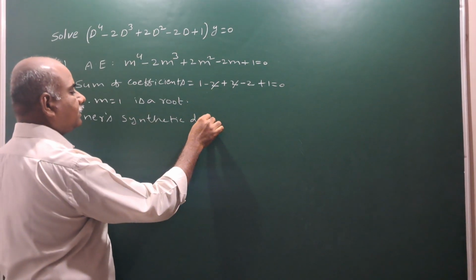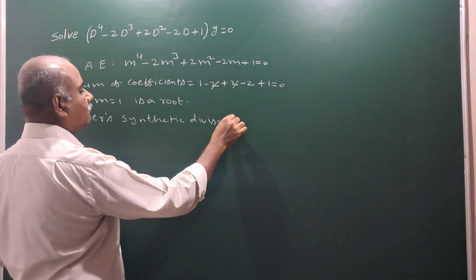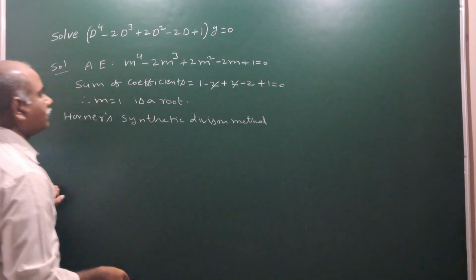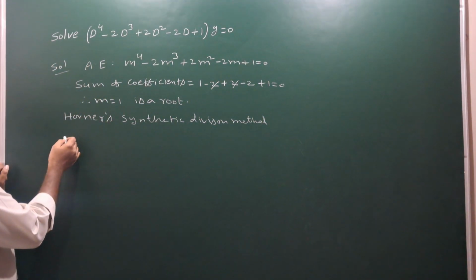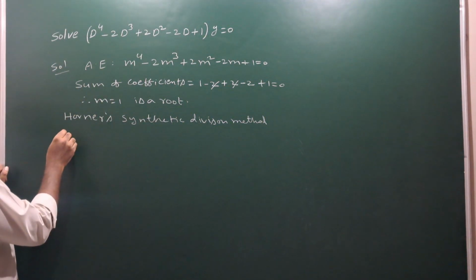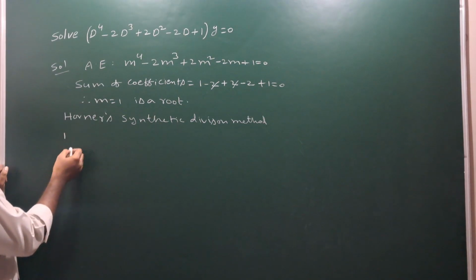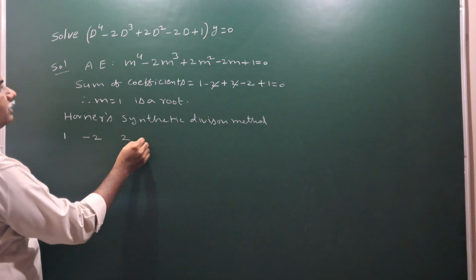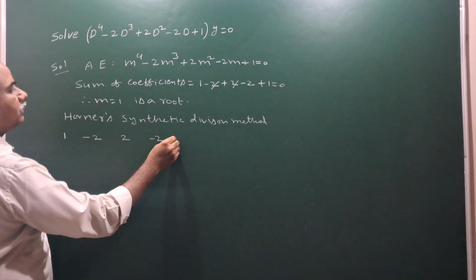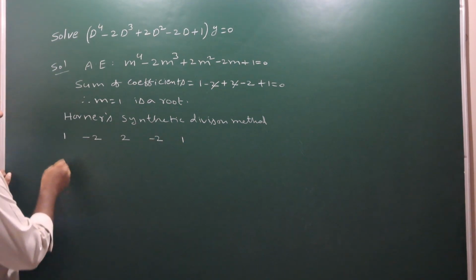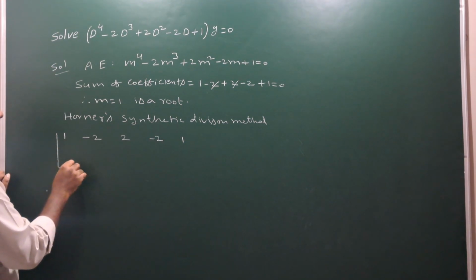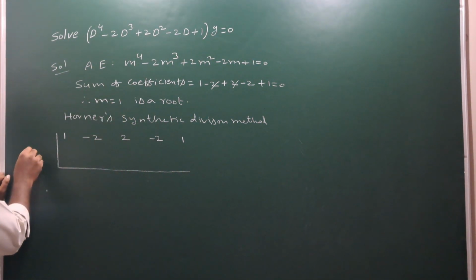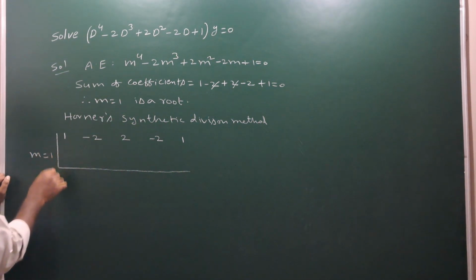In this method, we write the coefficients of this equation like this: coefficient of m⁴, coefficient of m³, coefficient of m², coefficient of m and the constant. So using this root, we divide the equation like this.